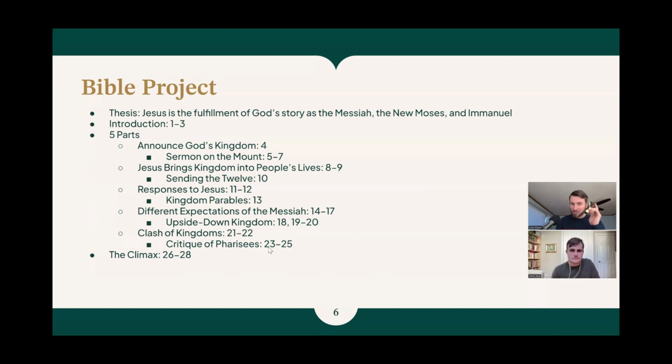Chapter 23 is for sure a critique of the Pharisees. This is woe unto you, Pharisees. But chapter 24 seems to be a pretty stark change to now focusing on the temple. So to group that whole section as critique of the Pharisees seems to be stretching a bit what that section is intended to do.